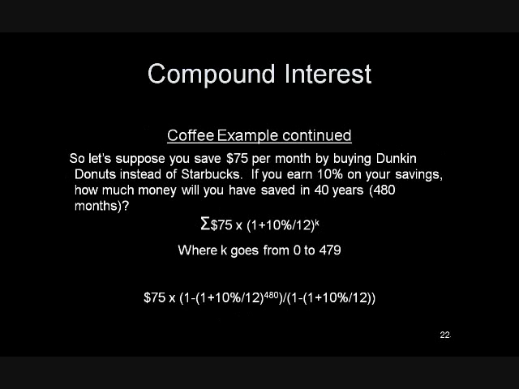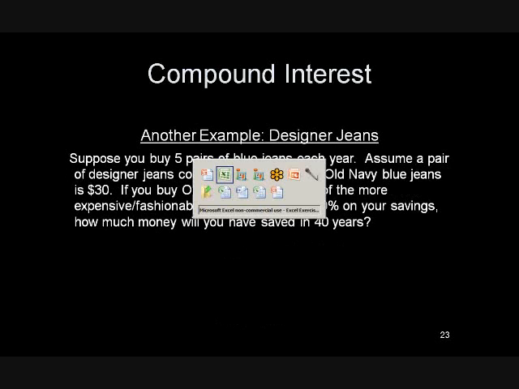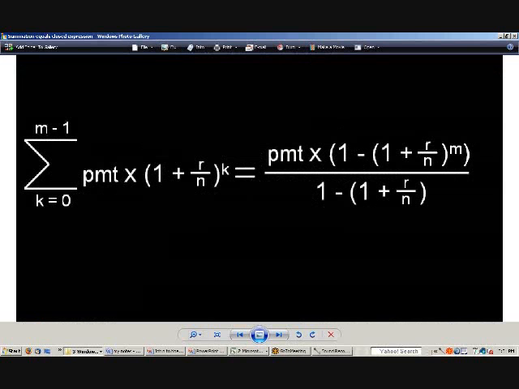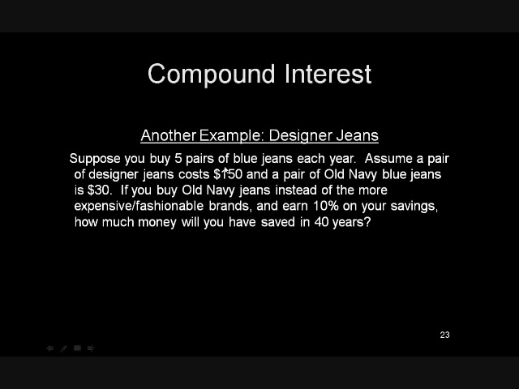Again, you're going to use this formula. And I think the only way to do this is look at it on an annual basis rather than a monthly basis. So 5 pairs of blue jeans every year.